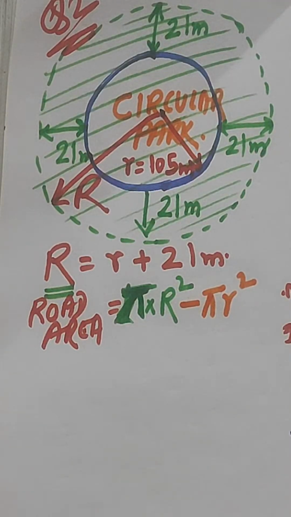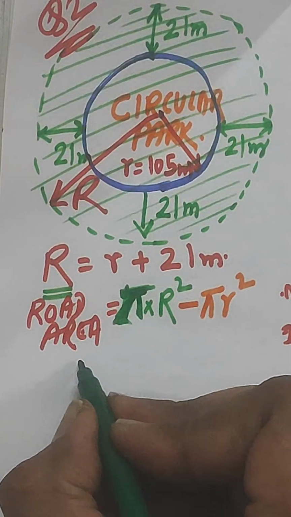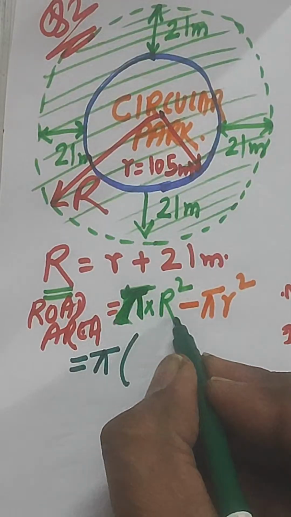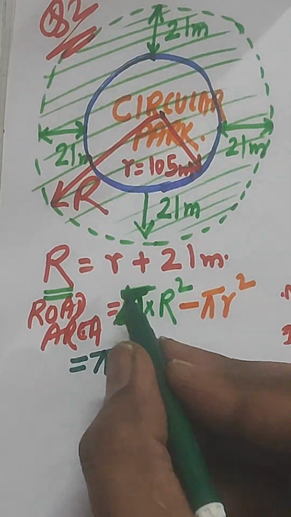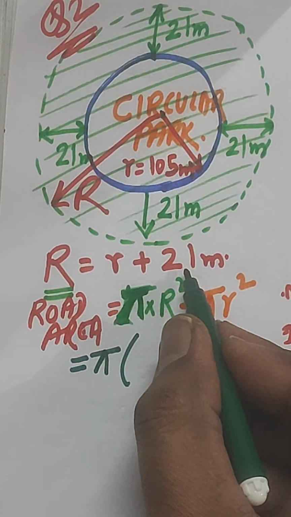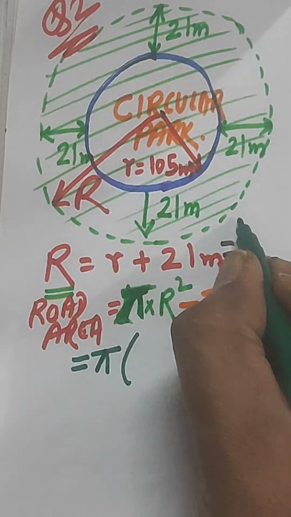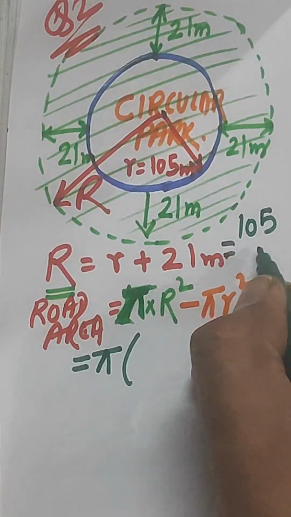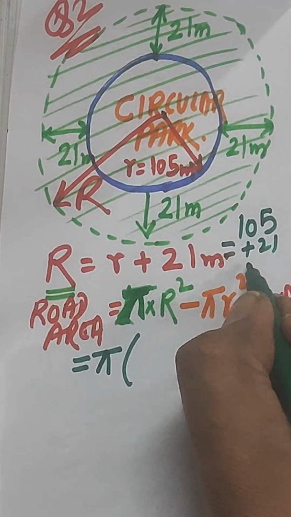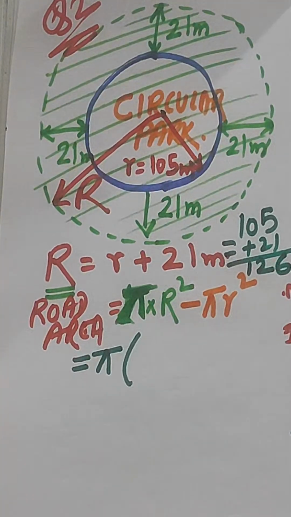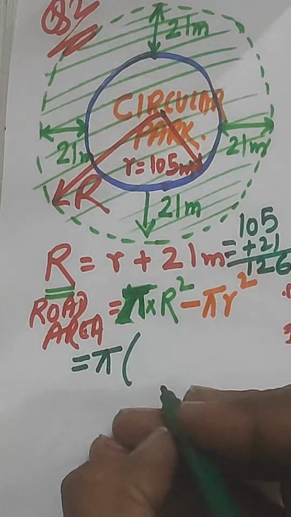Now take pi as common. We know the value of capital R. So capital R is r plus 21, so this is nothing but 105 plus 21, that is equal to 126, right? So capital R is 126.